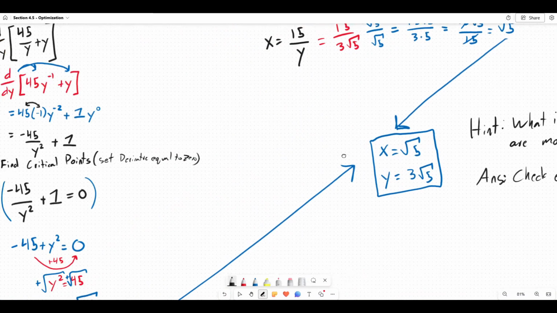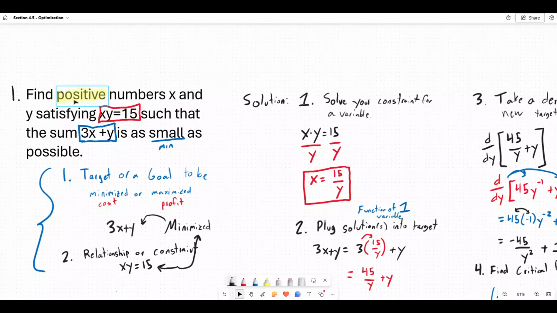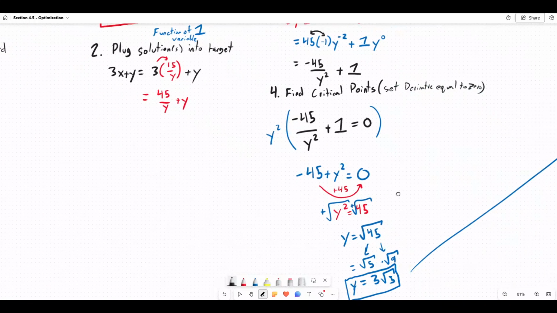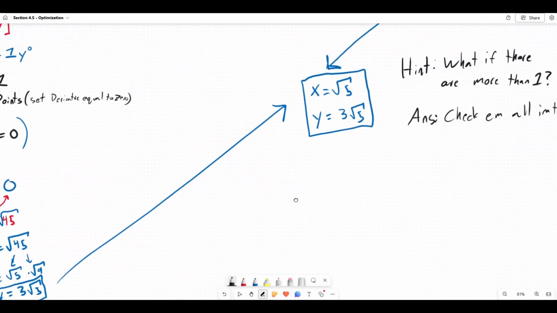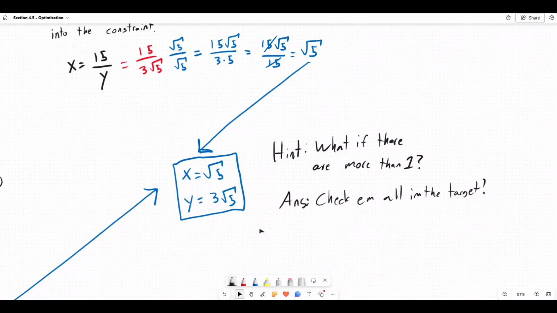Like, for example, if this was not specifying positive numbers, theoretically, we would have gotten two answers here, a positive and a negative. But again, one of those is going to work. It has to, right? And so that's something that you can use to make it a little bit easier. The critical points are all of the possibilities that are going to work, okay? So always, always, always try to make sure.